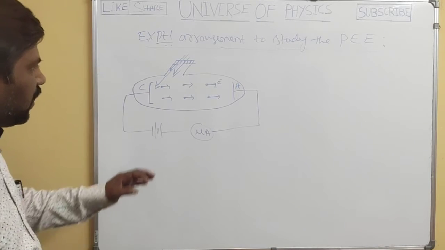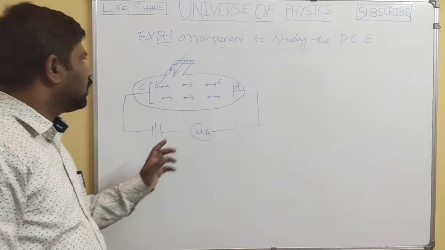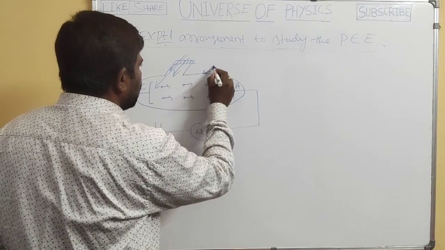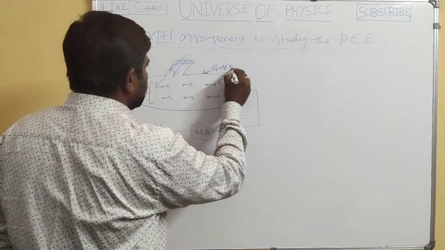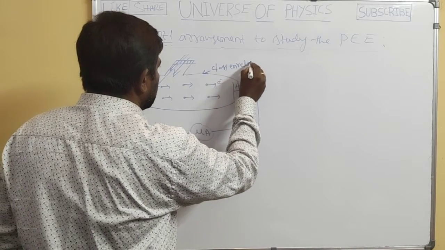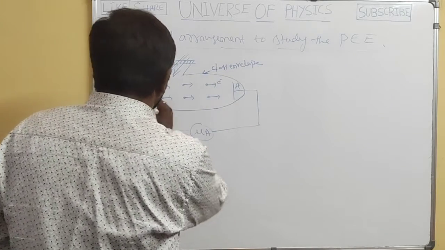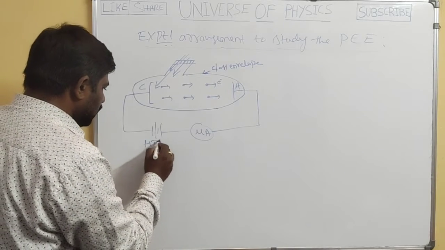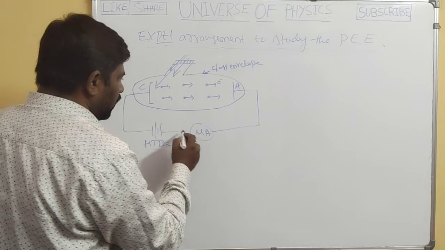Let us discuss its construction. This is the quartz window and this is the glass envelope. This is the anode, this is the cathode, this is the high tension DC battery, and this is the micrometer.